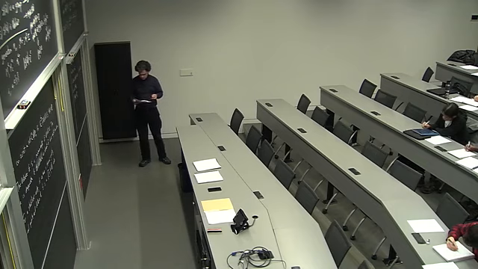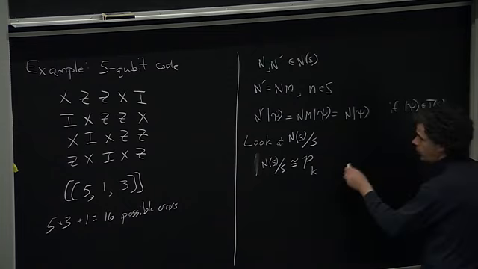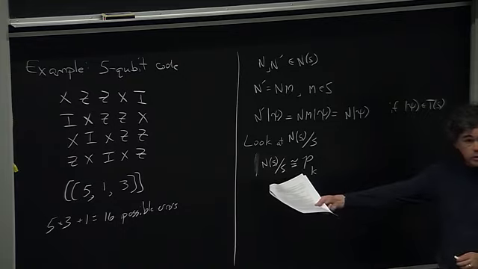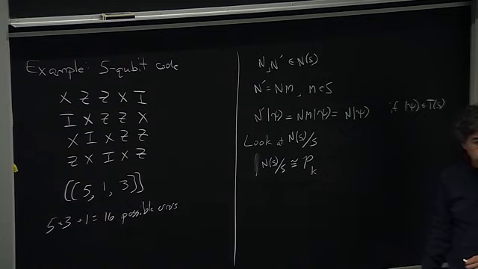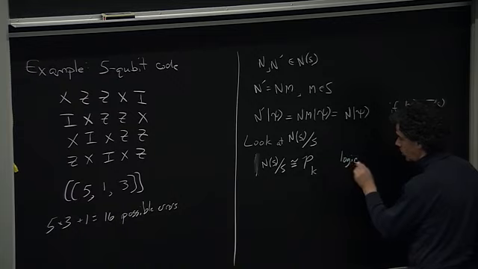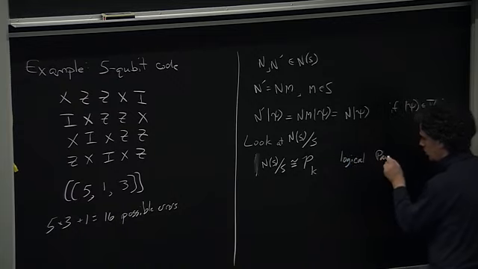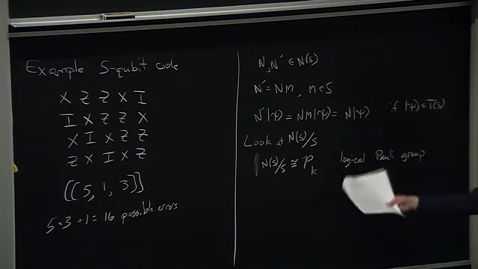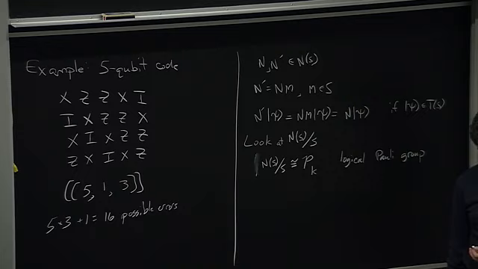And so each element of each coset here defines a logical operation. We can think of this as the logical Pauli group. And choosing how it acts as a logical Pauli group is equivalent to choosing what the logical 0 and the logical 1 are for this code.